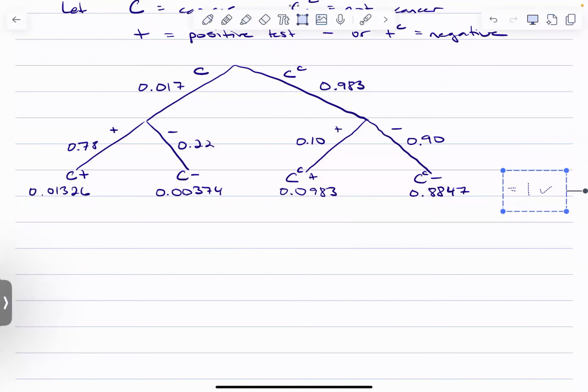That's more for you for checking your work. Okay. So now I'm feeling good about all these probabilities. Now we can answer some questions.